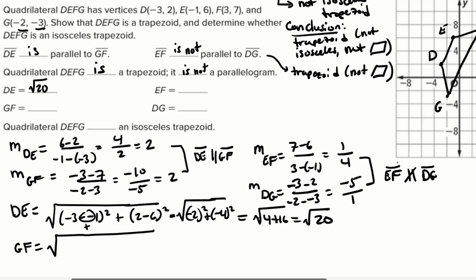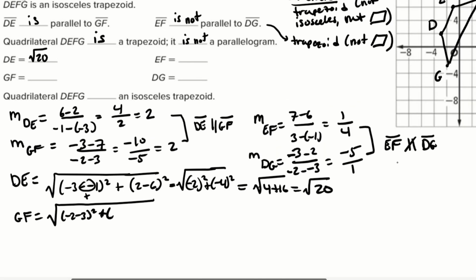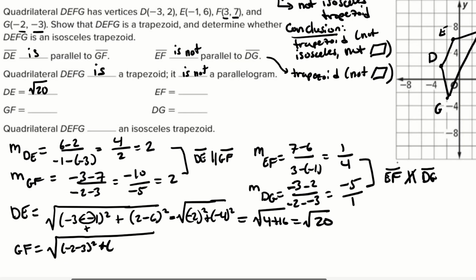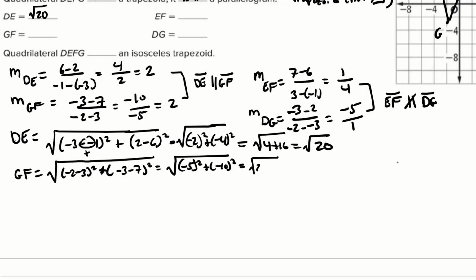Okay, so GF, let's do the x coordinates first. GF, so negative 2 minus 3, and negative 3 minus 7. So I get negative 5 squared and negative 10 squared. So that gives me 25 plus 100.